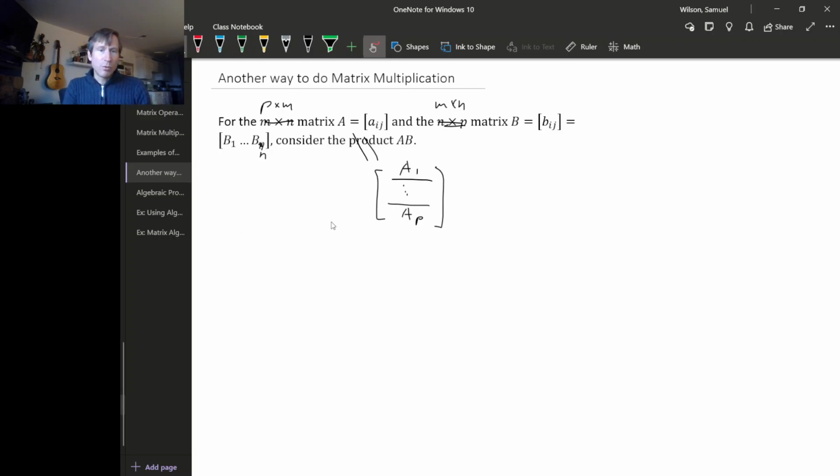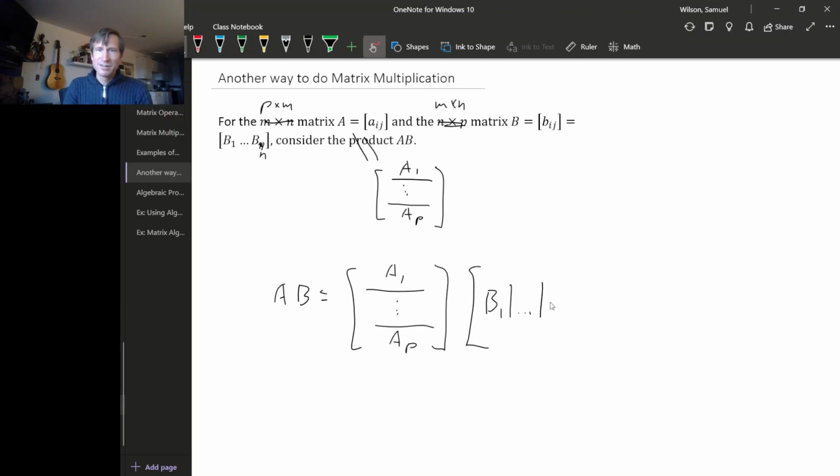So what would this matrix product AB look like? Well, remember that for AB, the matrix on the left, you're going to use the rows of, and the matrix on the right, you're going to use the columns of.